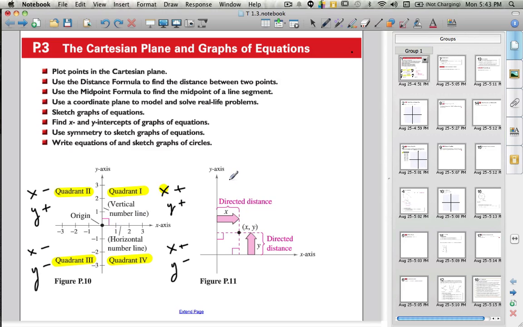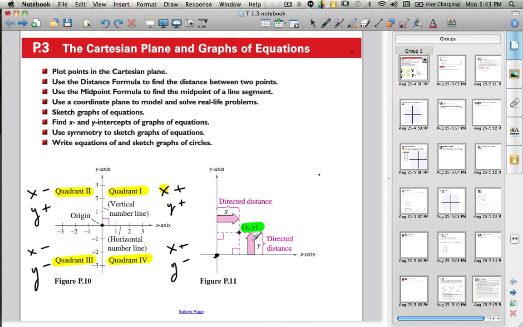Okay, if we want to think about how we plot a point, it is an ordered pair. And an ordered pair has 2 components, the x or horizontal component and the y or the vertical component. The x coordinate will measure how far to the right or left of the origin the item is, and the y coordinate will tell how high above or below the origin the item is.